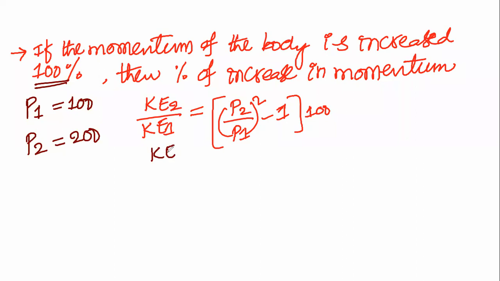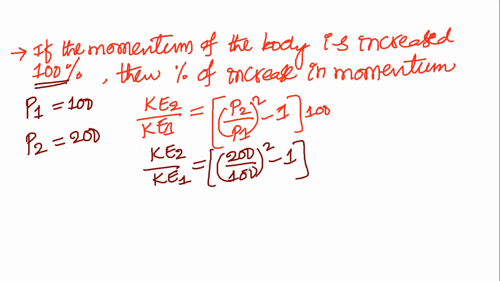KE2 divided by KE1 is equal to (P2 by P1)² minus 1, into 100. P2 is 200 and P1 is 100, so (200 by 100) whole square minus 1, into 100.